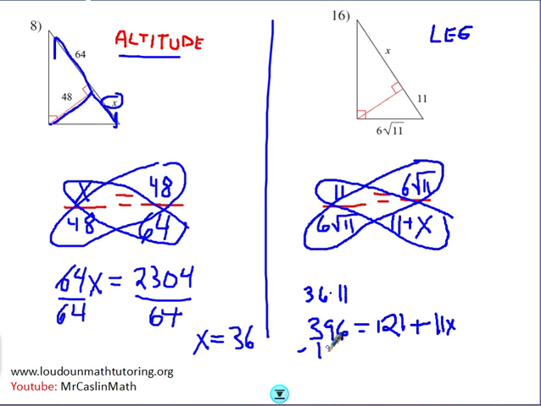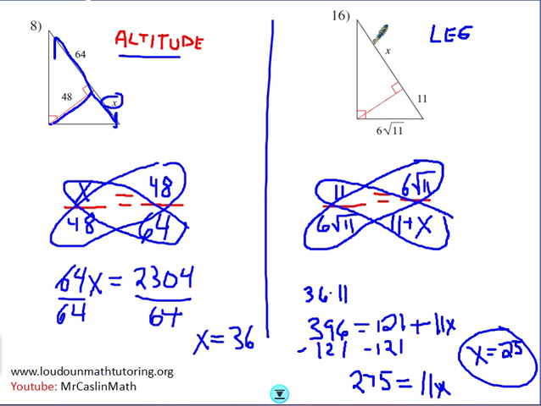So you subtract 121 from both sides. And that looks like a 14, only because I can't write very well with this mouse. 121. So it becomes 275 is equal to 11x. And if you divide 275 by 11, I believe that does divide evenly. You get x is equal to 25.